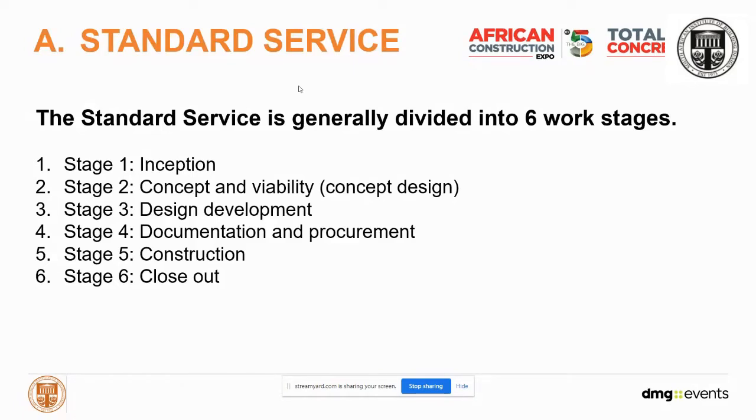And if they are, as is very much mostly the case, looking for a plan, you can then start to say, hey, look, what you're looking for is stage 4, documentation. It's a partial service, but you have to realize that you're missing out on stage 1, 2, and 3, and this would be the consequence of doing so.